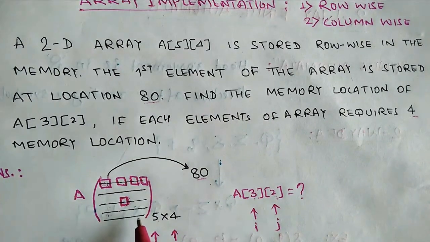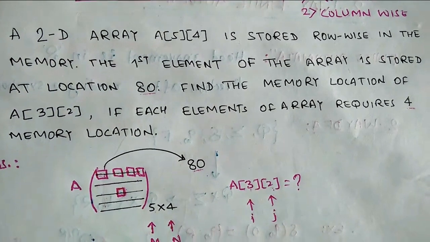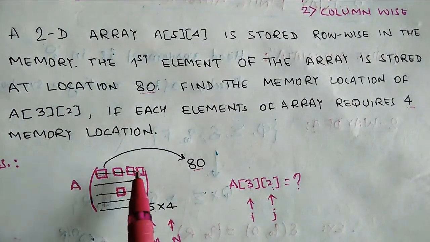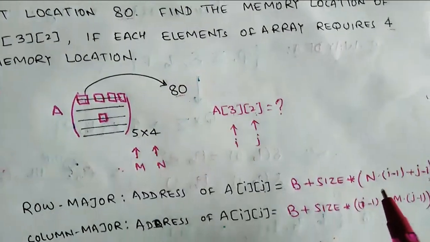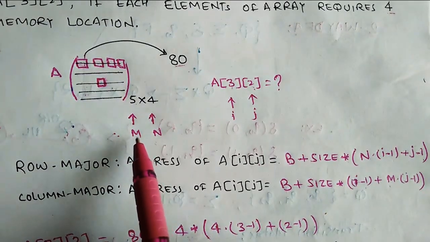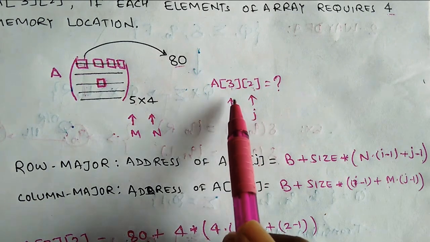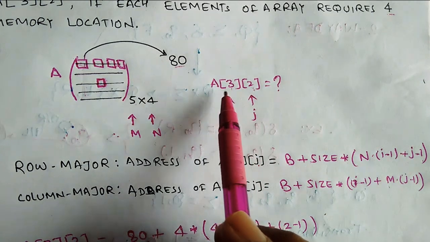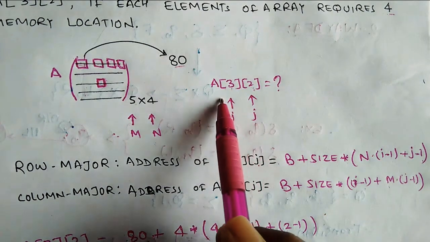So we are using one simple formula to identify the address of any element at any position. So friends, we have to know the base address and the size of each element, which is given in the problem also. If we know these two things and the dimension of the array, you can identify the address of the element stored at the ith row and jth column.